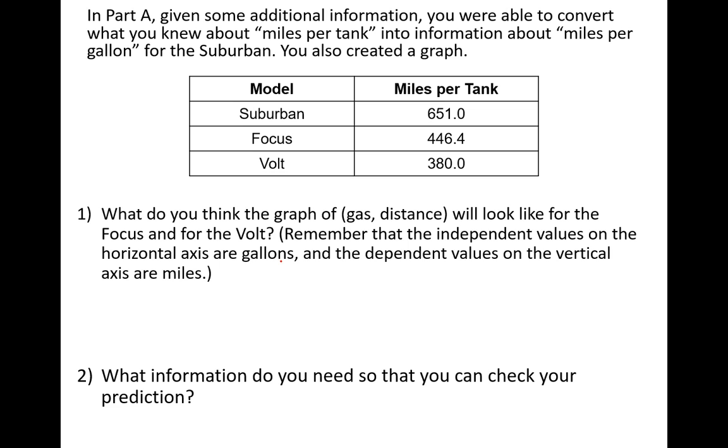Remember that the independent values on the horizontal axis are gallons, and the dependent values on the vertical axis are miles. So, just to give you a refresher, when you graph, you have two axes. The horizontal one is always the independent. We think of that as being the x-axis.